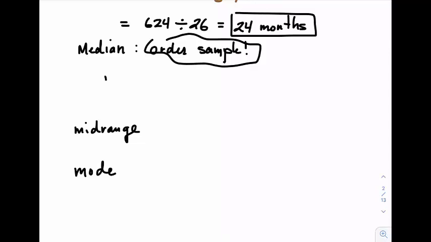Take your sample size and divide it by 2. Since we have 26 numbers, divided by 2 we get 13. We're going to go over these rules a little bit, but I want to count in to the 13th number.